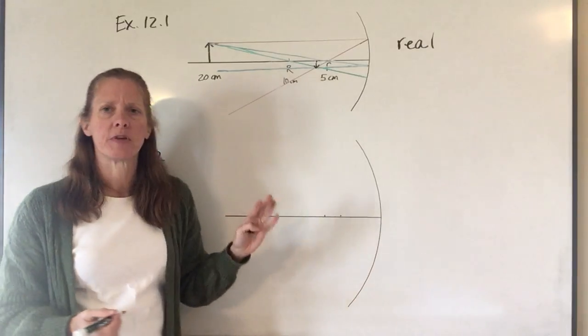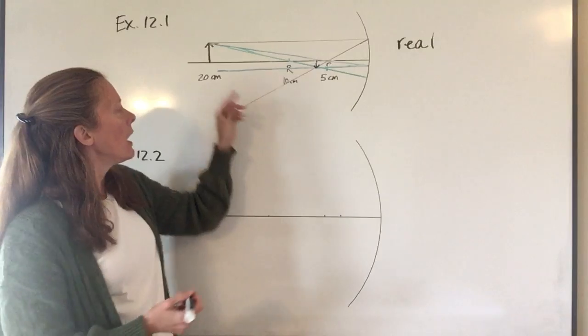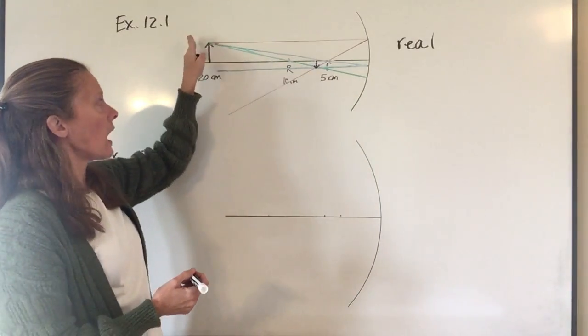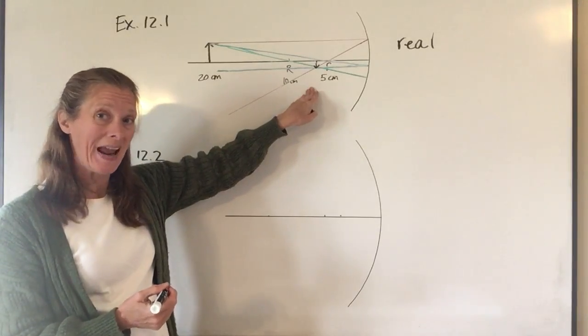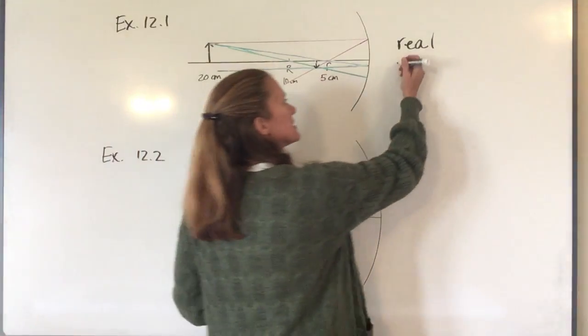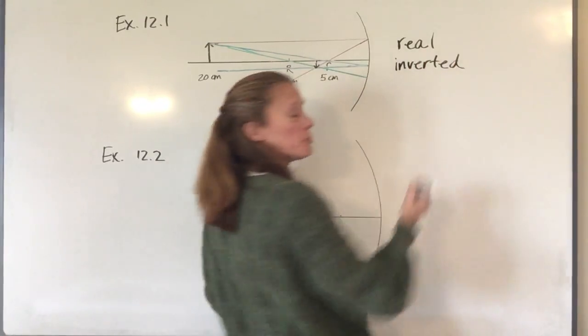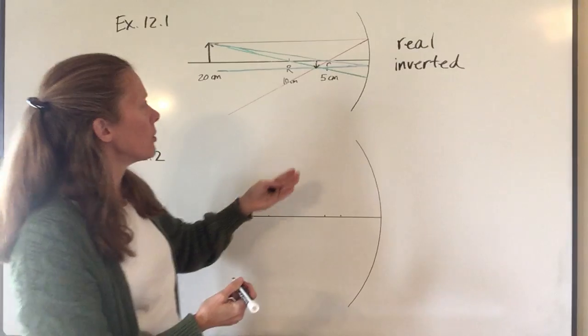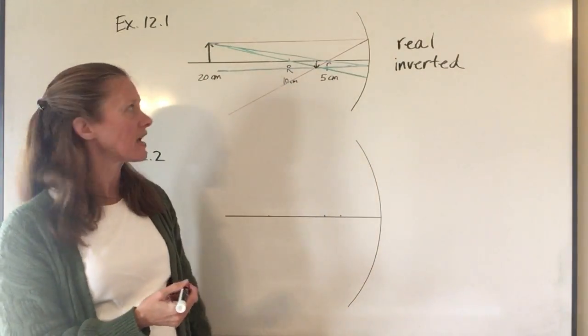And then there's two other characteristics that we're always going to use to classify an image. Compared to the way the object was, the image is upside down. And so we say that this image is inverted as opposed to being upright. So it's a real image, it's inverted from where it was before, or it's upside down.